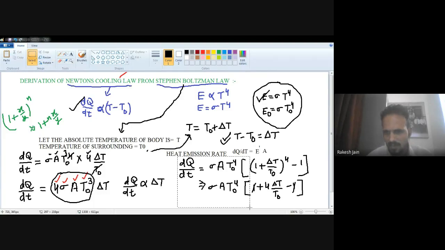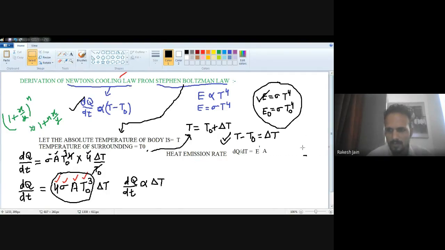So now see, from this I can write dq upon dt is proportional to, in place of del T, from equation number 1, T minus T0.